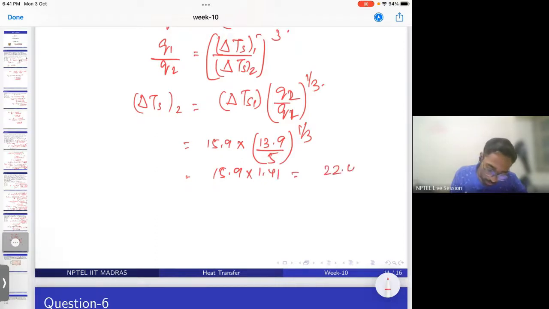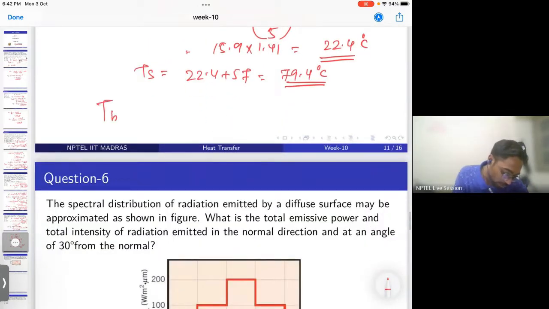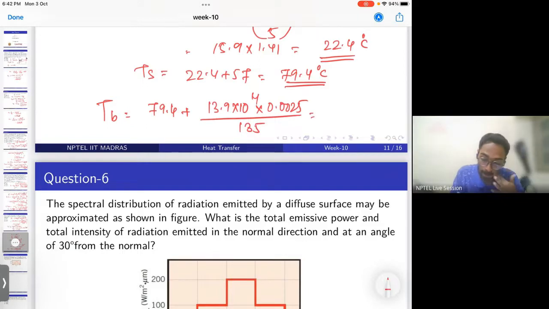So it's 22.4 degrees Celsius. So T surface will become 22.4 plus 57, which is 79.4 degrees Celsius. Okay. So like the previous case, we are asked to find out the base temperature, that is 79.4 plus heat flux into the thickness divided by the thermal conductivity, so it will become 82 degrees Celsius. So the chip temperature at the bottom surface will be 82 degrees Celsius.